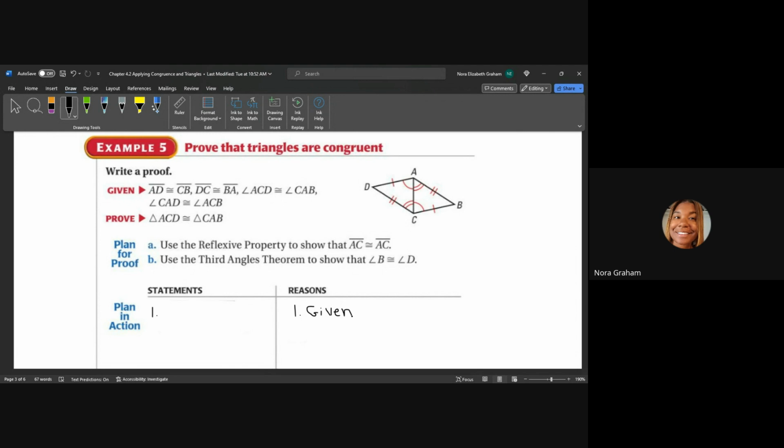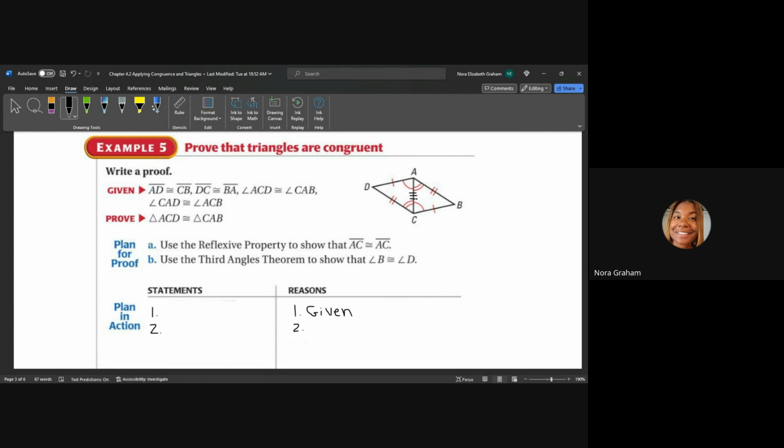So let's start with proving our corresponding sides. It was already given that this side and this side are congruent, and this side and this side are congruent. So I need to show that this side is congruent as well.